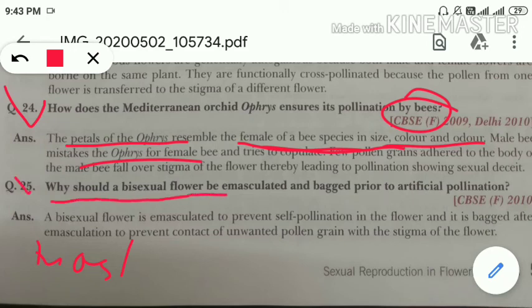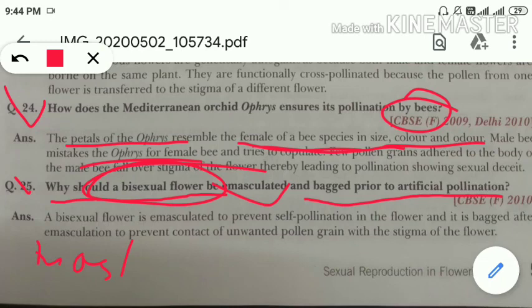Why should a bisexual flower be emasculated and bagged prior to artificial pollination? Artificial pollination means we want to make a cross between two different varieties. If there is a bisexual flower, then there is a chance of self pollination. To avoid this, we need to emasculate it.